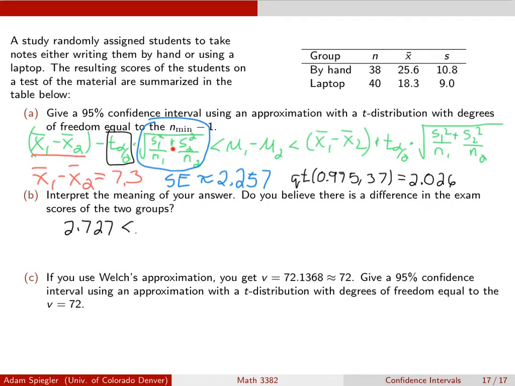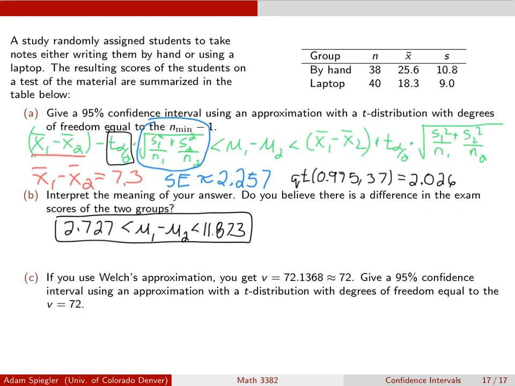Plugging these values into their corresponding places, we get that the lower cutoff is 2.727 and the upper cutoff is 11.873. So that is our 95% confidence interval using this estimate.